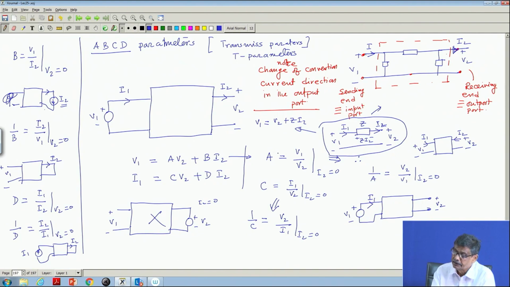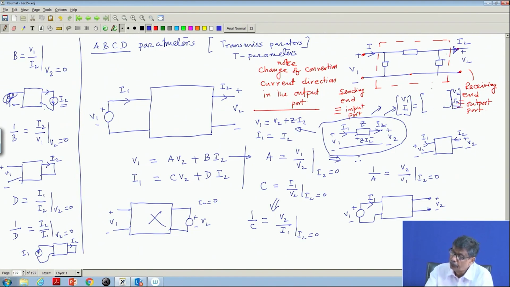What is the second equation? I 1 expressed in terms of output voltage and output current. What will be I 1? Same as I 2, nothing else. So, the ABCD parameters of this simple network will be simply like this: V 1 I 1, and here if you write V 2 I 2, what will be the thing?